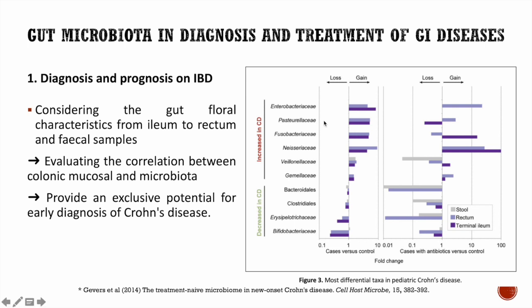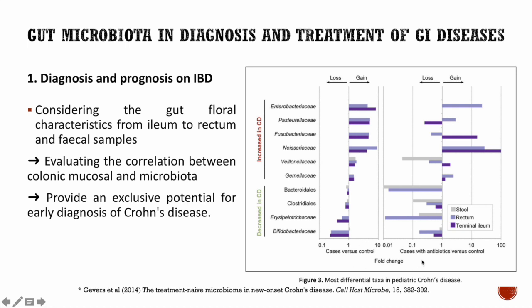Now, let's move to the next part of the presentation, the role of the gut microbiota in diagnosis and treatment of GI disease. IBD was one of the first diseases in which the gut microbiota has been investigated in every detail. In the last few years, there was a study of the treatment-naive microbiome, including approximately 450 children recently diagnosed with Crohn's disease.